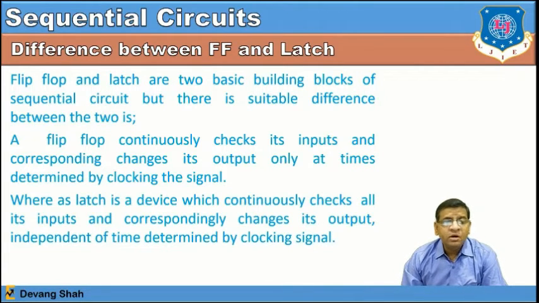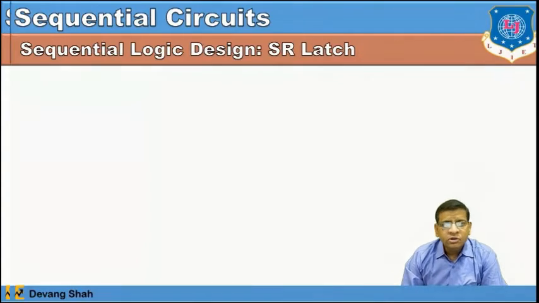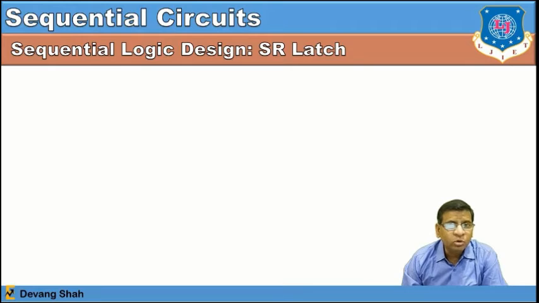Whereas a latch is a device which continuously checks all its inputs and changes the output independent of the time determined by the clocking signal. So this is a very minor difference: in one case it continuously checks and the output is not dependent on the clocking signal, but the other depends on the clocking signal, right? So this is how you can differentiate the two.